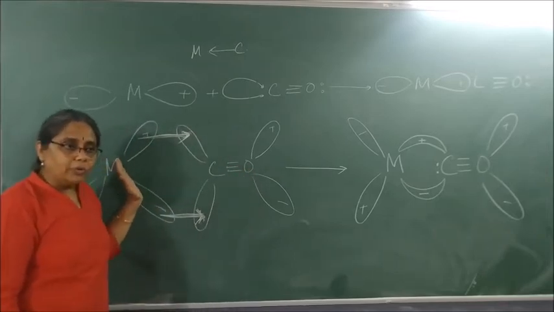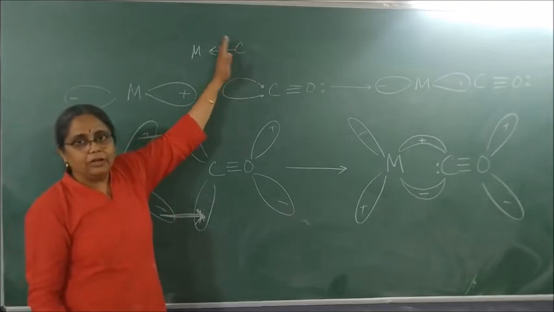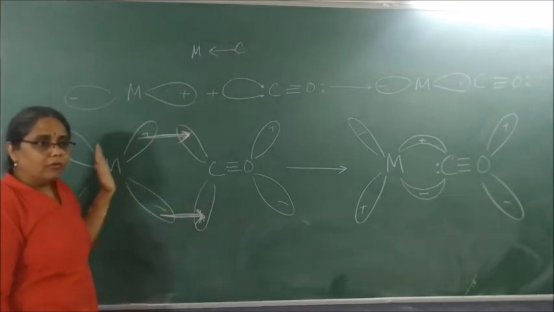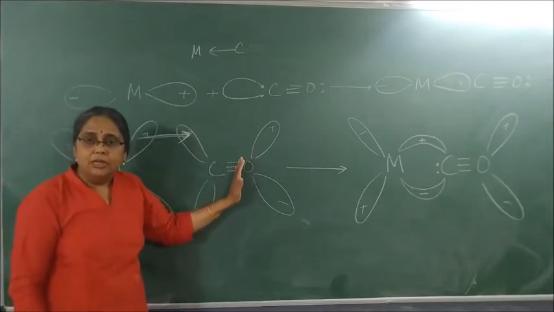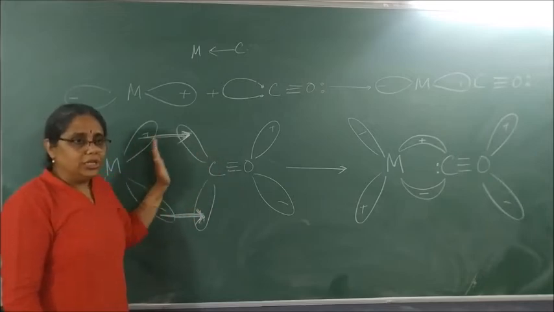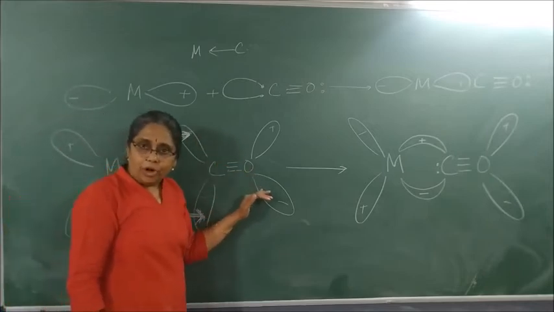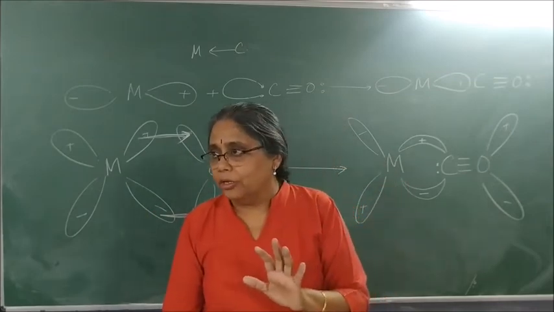This creates what bonding? Back bonding, because generally it is ligand donating to metal. Here, what are we doing? The metal is donating back to the ligand. So this is called what bonding? Back bonding or synergic bonding. This bonding gives stability to the metal carbonyl bond. Clear?